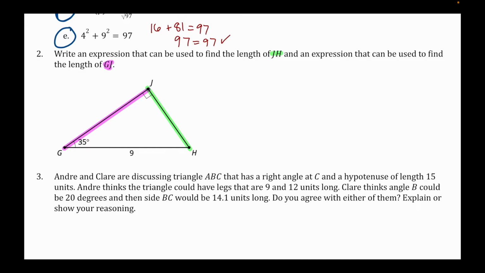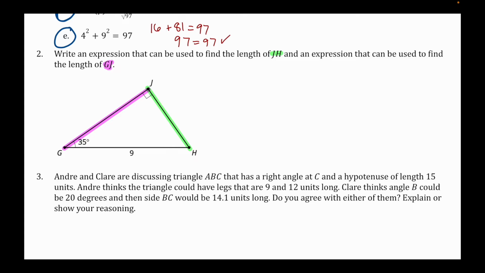I know they want an expression, but it's easiest for me to set this up as an equation. So I'm actually going to write it as an equation, but then solve it for the variable that is missing, and then leave it in the expression form and not simplify it to a number.